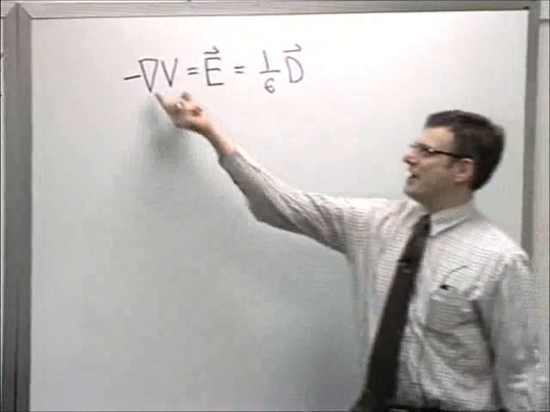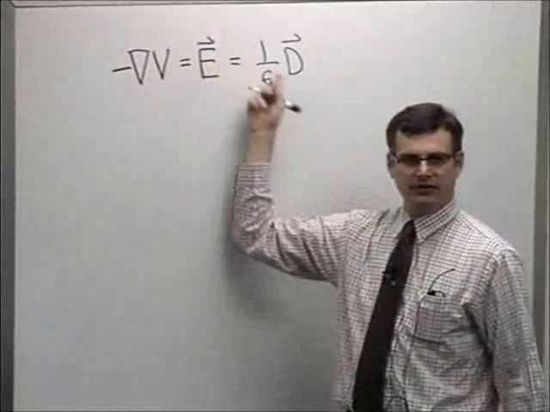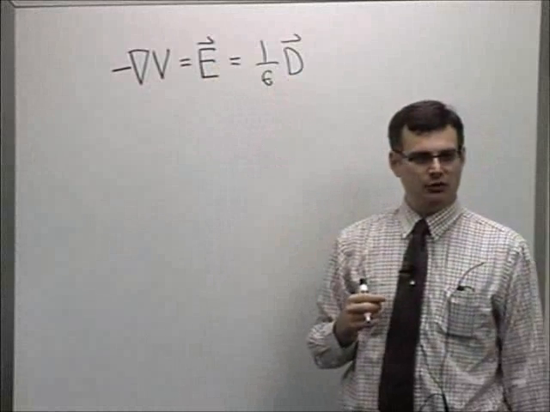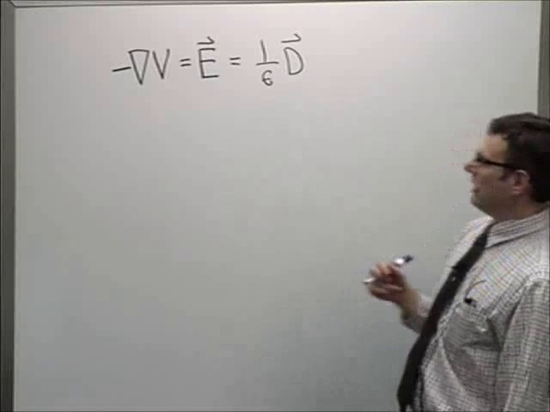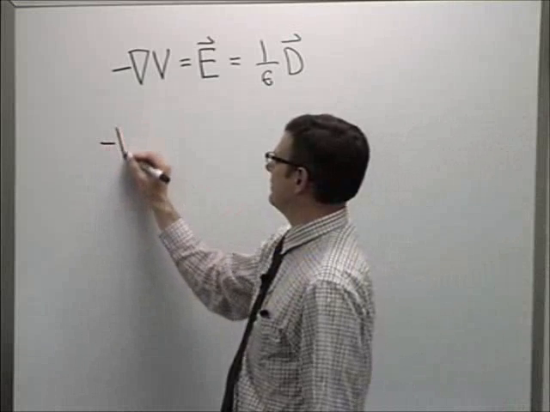I have a vector here, because anytime I take the gradient of a voltage, I get a vector. And I have a vector over here, because that's the electric flux density in coulombs per meter squared. So I'm going to take the divergence of both sides.